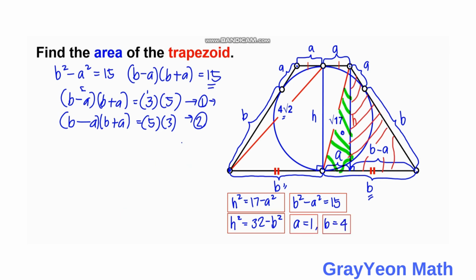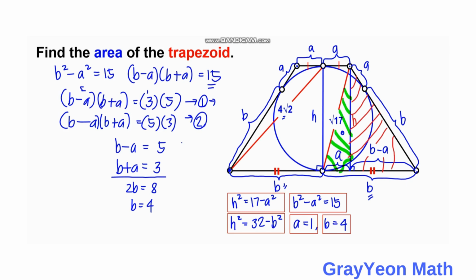Okay, so now for the second instance, b minus a is equal to 5 and b plus a is equal to 3. If we add these two equations, same as we did for the first instance, 2b is equal to 8 and b is still 4.